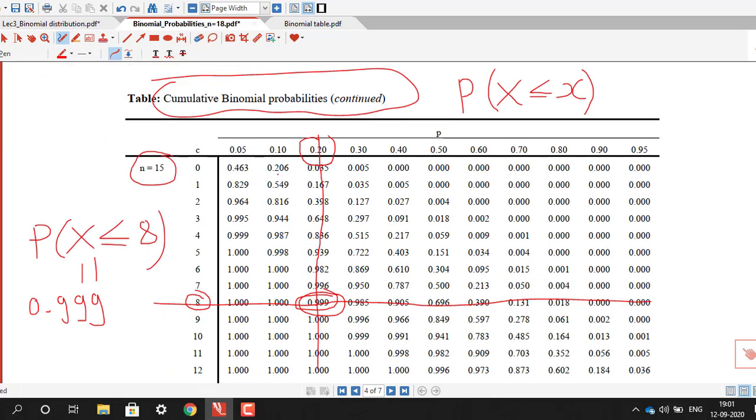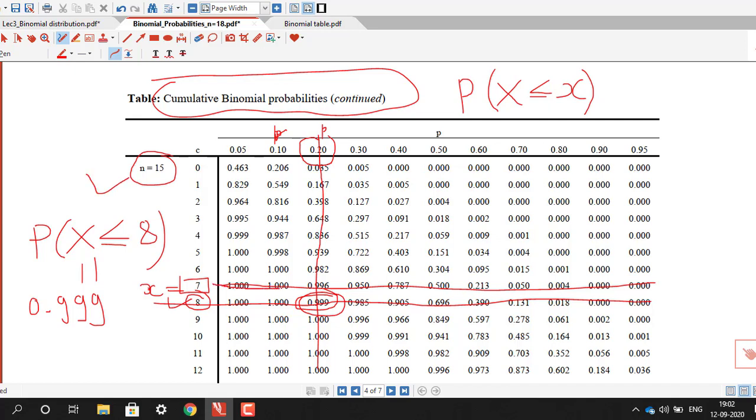Okay, so again p is 0.2, so we are in this column, p equal to 0.2, column is same, but instead of x equal to 8 we have x equal to 7, so we have to check for this row. Okay, because x is 7, p is 0.2 and n is 15.